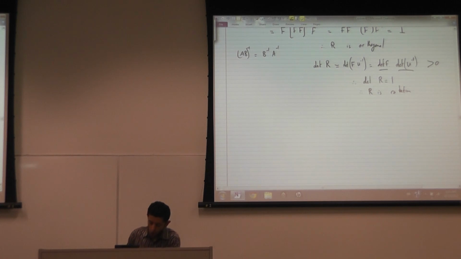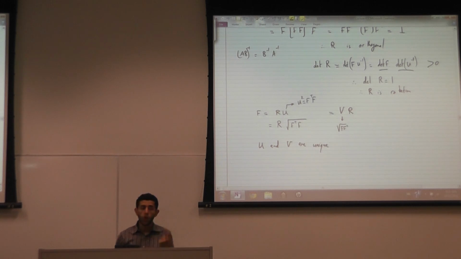So, what we showed is that F is equal to R U, where U squared is equal to F transpose F, or you can look at it as R times the square root of F transpose F. And similarly, you can show that it's also equal to V, which is equal to the square root of F F transpose, multiplied by a rotation matrix R. Now U and V are unique.